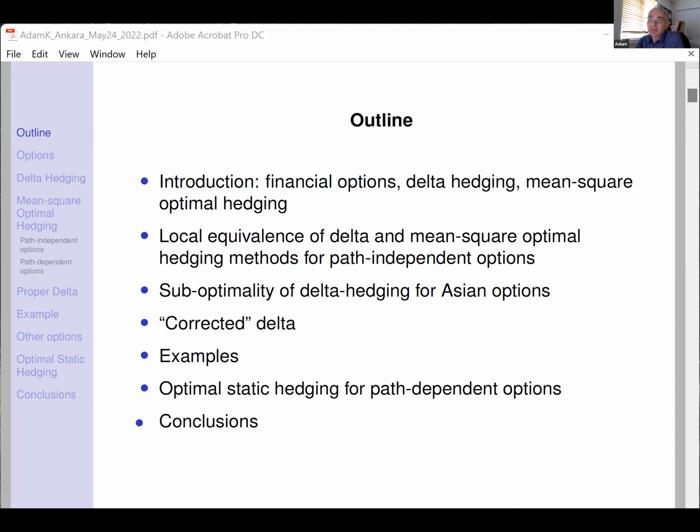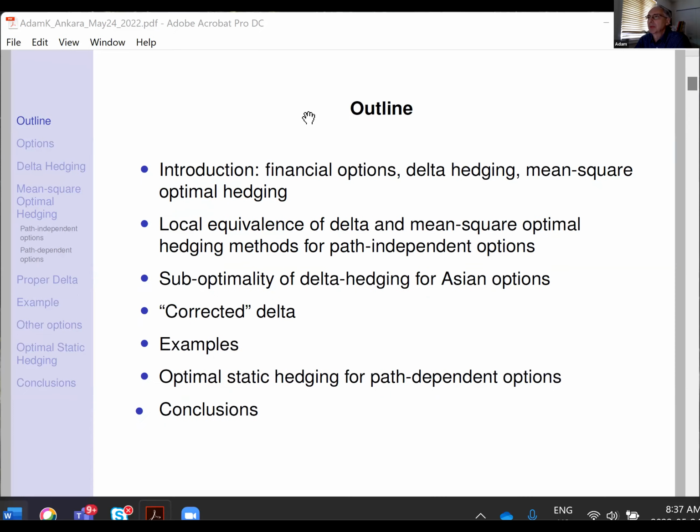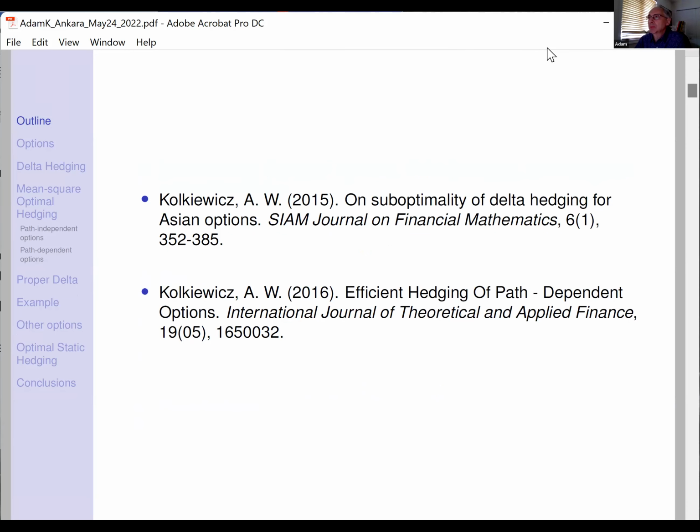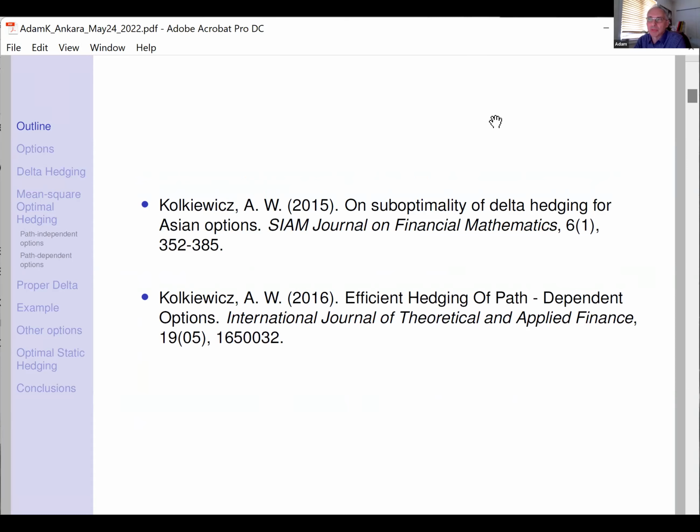At the very end, time permitting, I will mention a different way of hedging path-dependent options, which complements the first part. I don't expect that I will have a lot of time, but what will be really important are the general remarks that I should be able to make at the very end. The talk is based mostly on the first paper, which was published in the Journal of Financial Mathematics, and all the mathematical details can be found there.